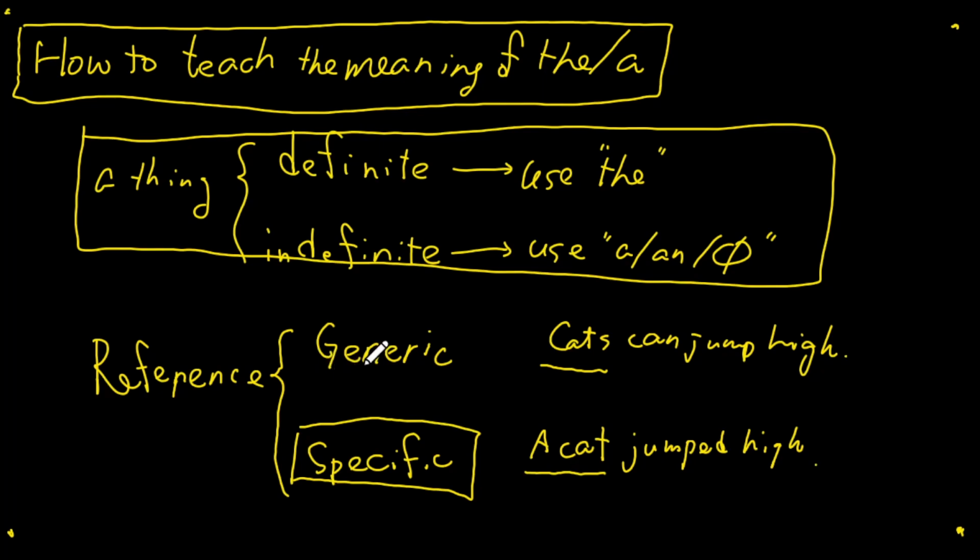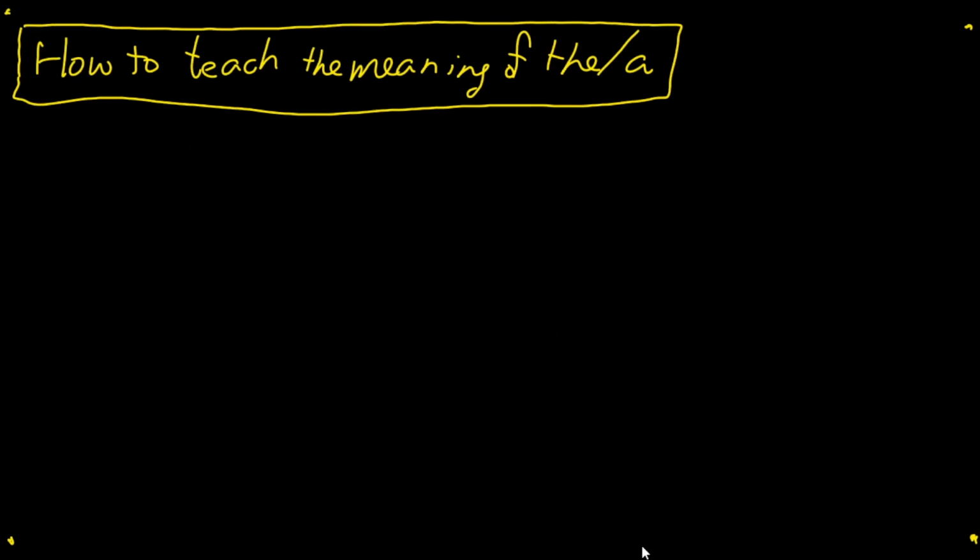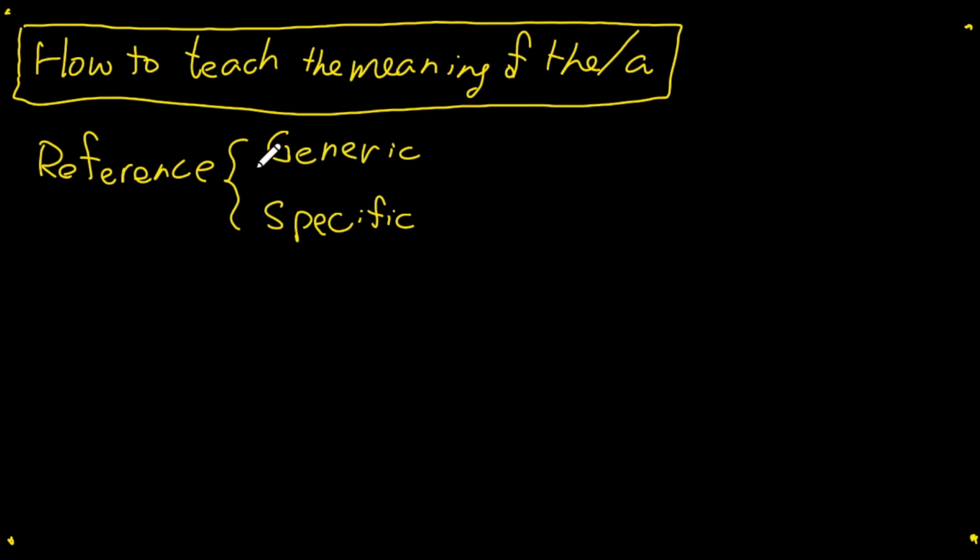That's what I am going to talk about now. So there are two types of reference. One is generic, the other is specific, and I'm going to explain generic reference.